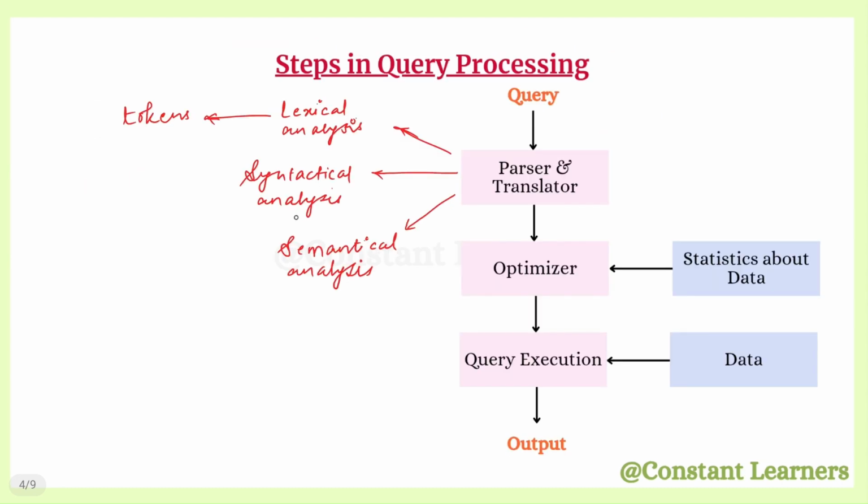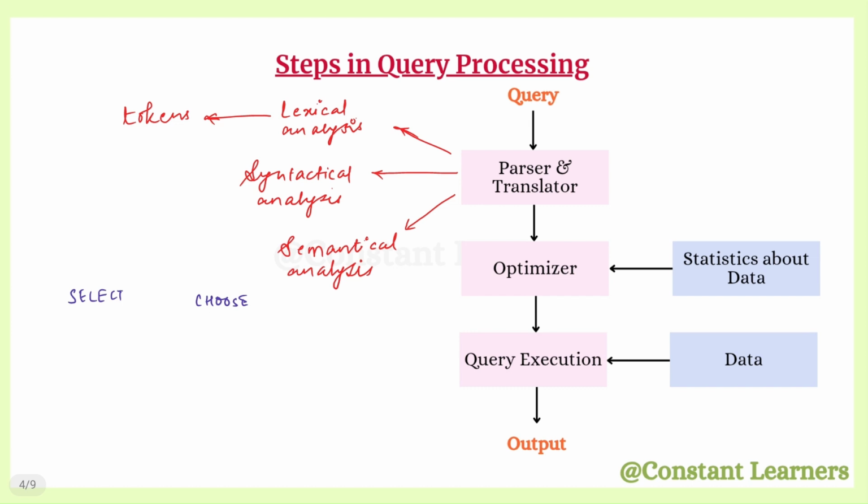Next comes syntactical analysis. What happens here is it checks whether the query follows the correct syntax rules or not. That is, the query is written correctly or not. Like, in the query we use the word select. Now, instead of select, if I use the word choose, both have the same meaning, right?